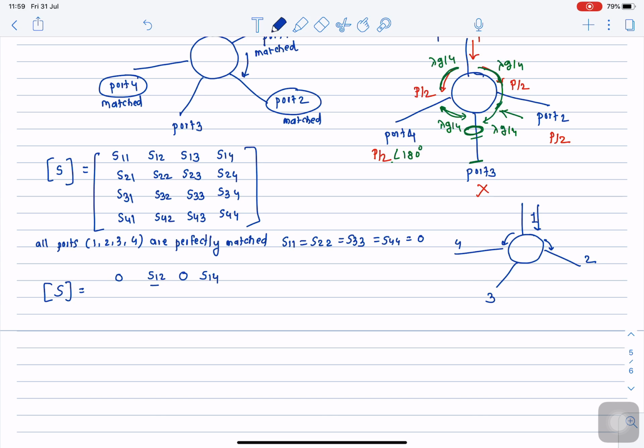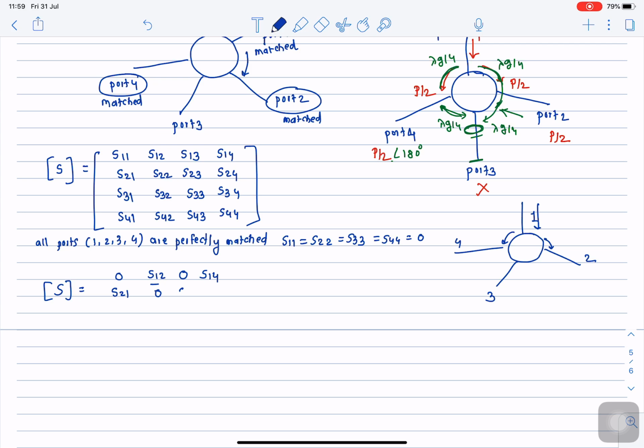Similarly S21, from 1 to 2 is possible, right? S22 is already 0. From 3 to 2, yes, it is possible, S23, because it is adjacent. S24, 2 to 4 is not possible, so make it 0.